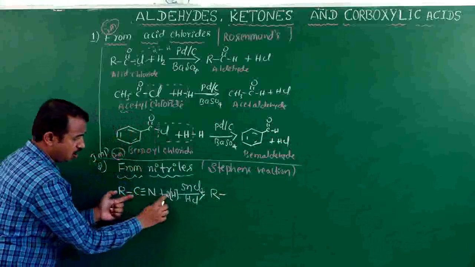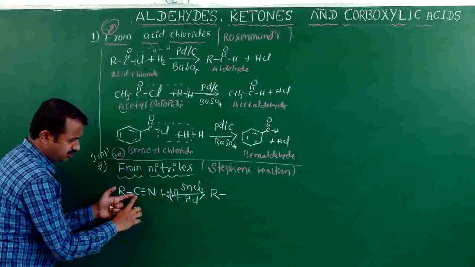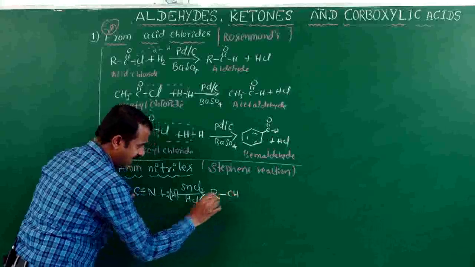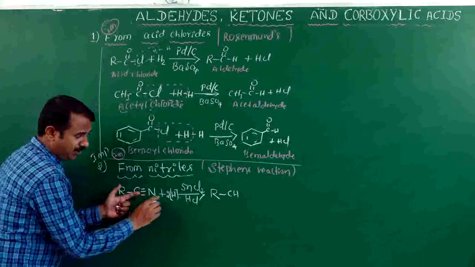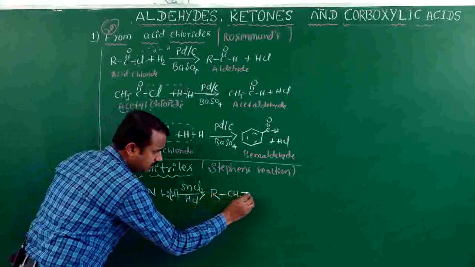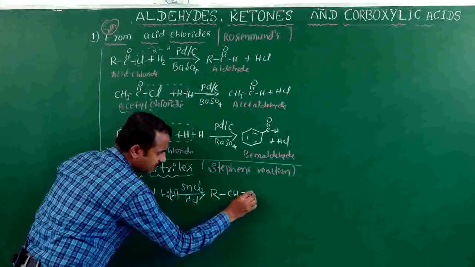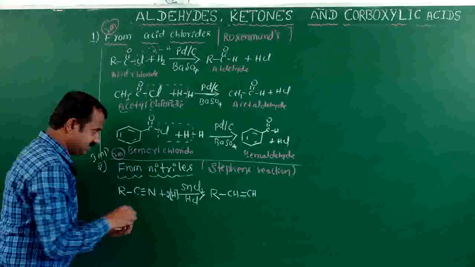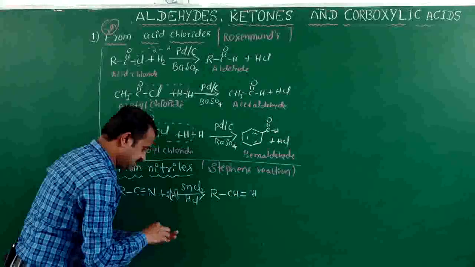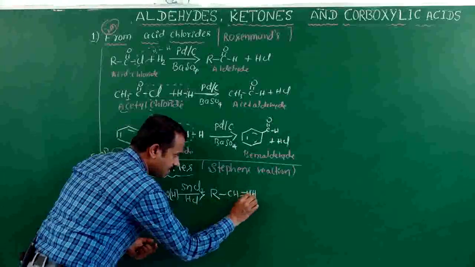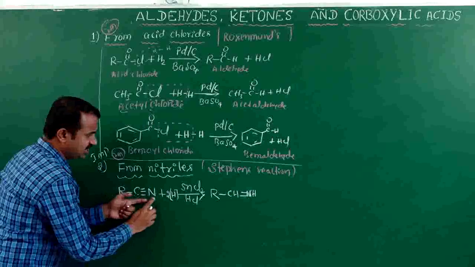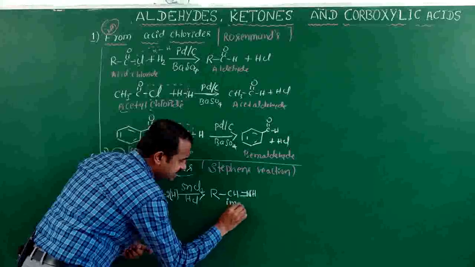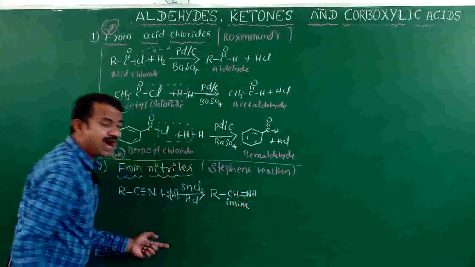When the nitrile is reduced with tin chloride in presence of hydrochloric acid, to form R, how many hydrogens? 2 hydrogens: 1 hydrogen is added here, another hydrogen is added to nitrogen. The triple bond is converted to double bond, to form RCH=NH. The name is imine.